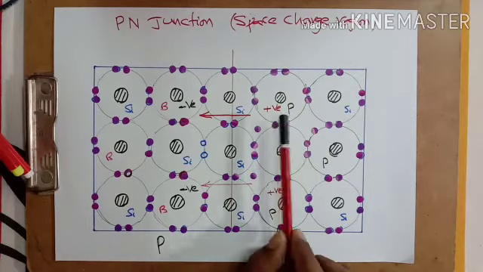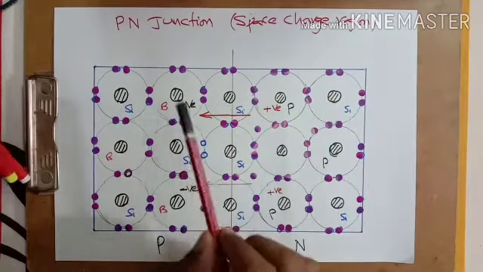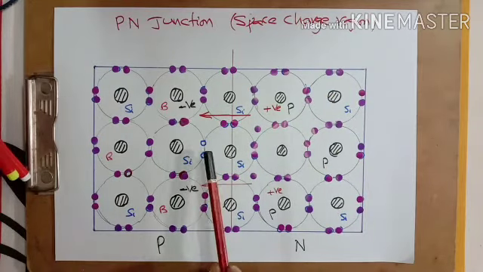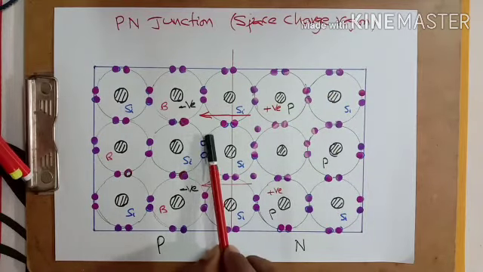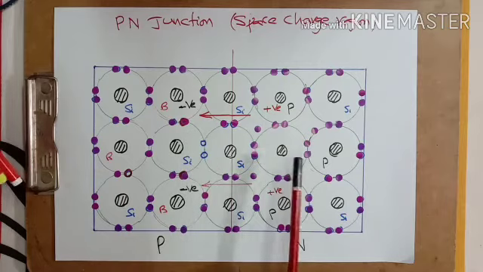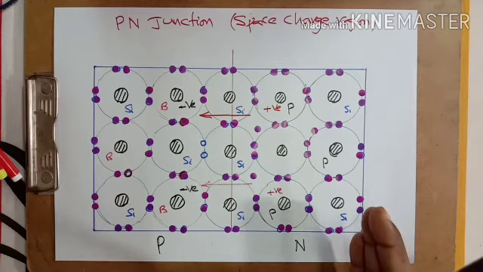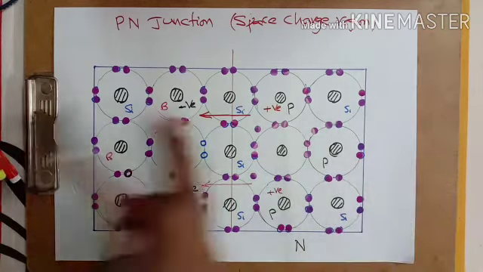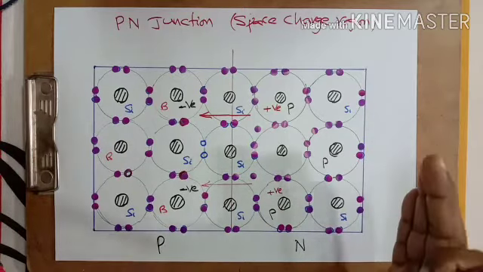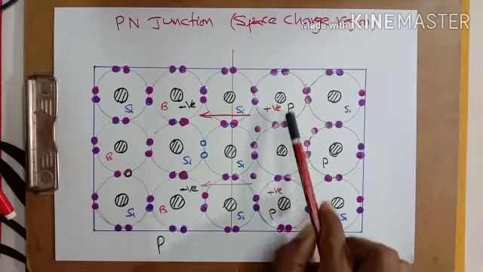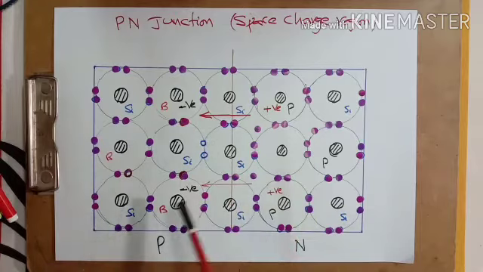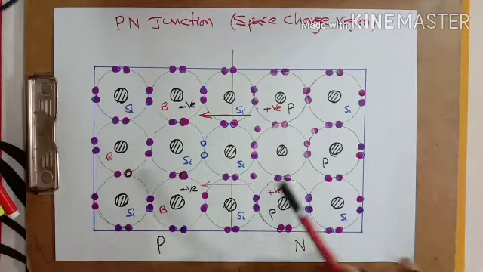So there are 2 electrons moved from right to left, filling these holes, and the 2 electrons which are created due to thermal generation moved from left to right due to the presence of electric field. There is no continuous movement of these electrons from right to left, because as they move from right to left, they leave behind an immobile ionic charge, which is called the space charge, which develops an electric field.